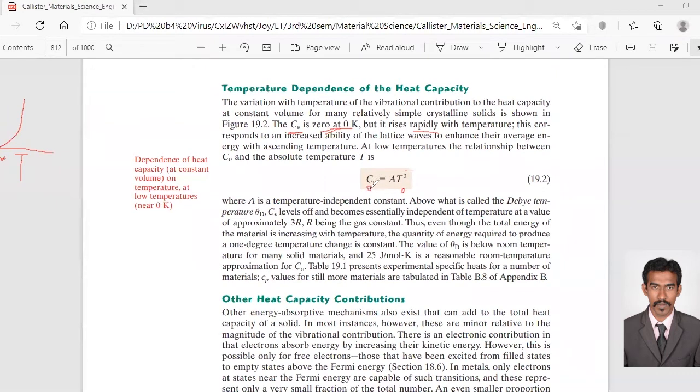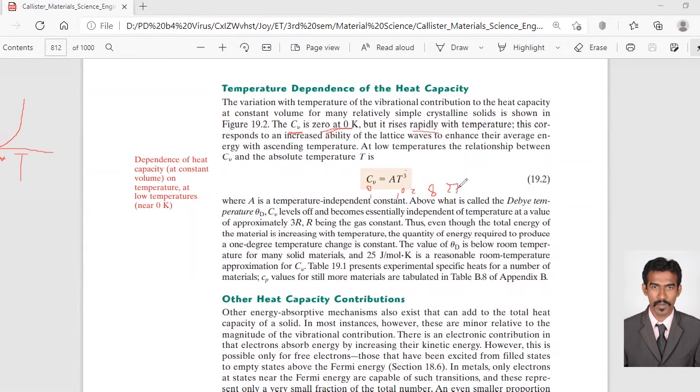What will happen if you put T as 1? 1 cubed is 1. You keep the A, that's a constant, so we'll keep it, and Cv is also 1. When you put 2 for T, Cv would be 2 cubed, that is 8. If you put 3 for T, Cv would be 3 cubed, that is 27.